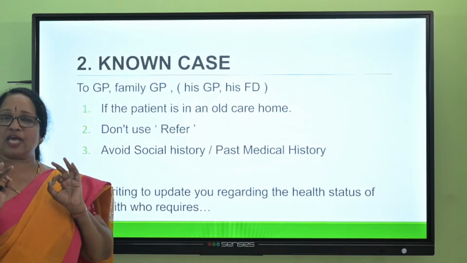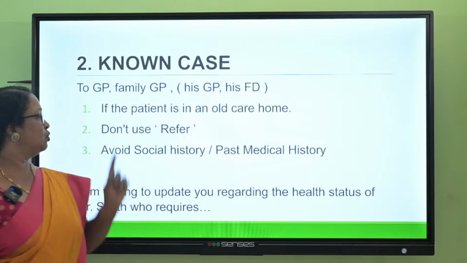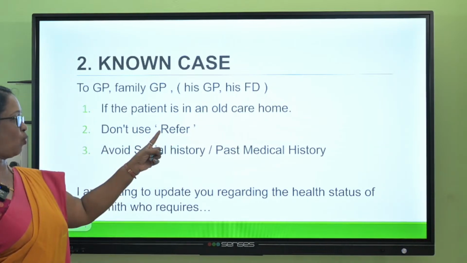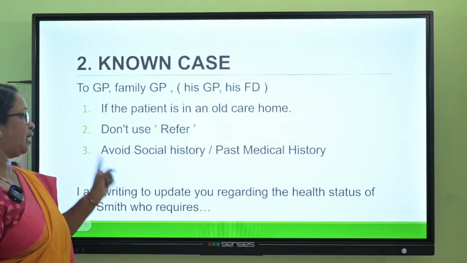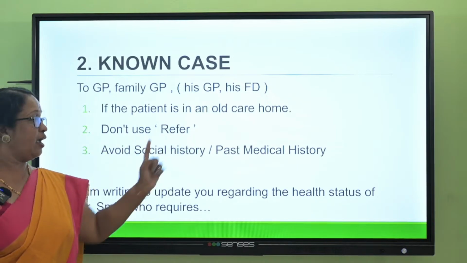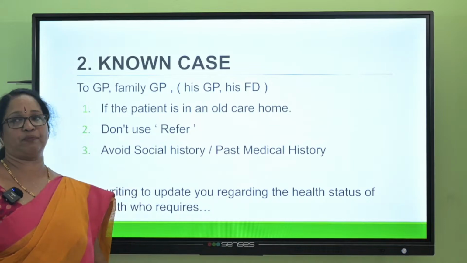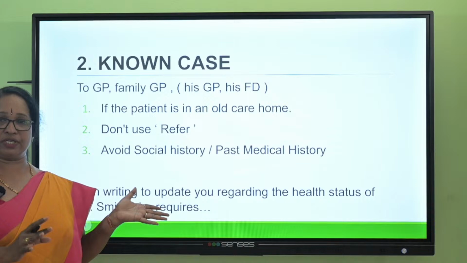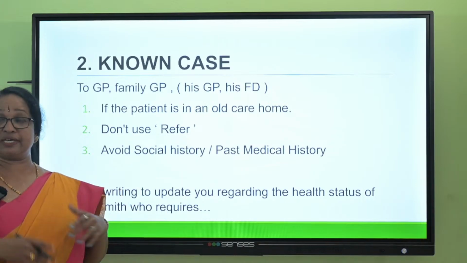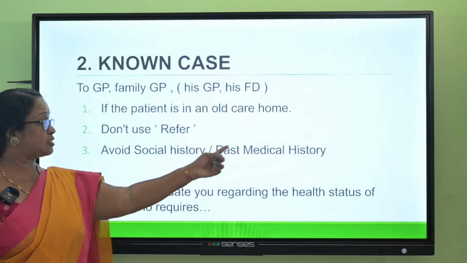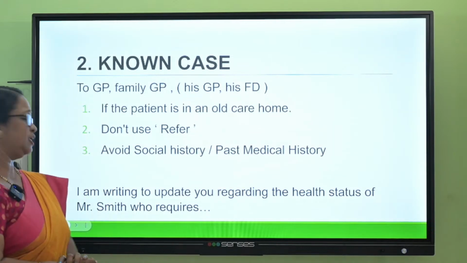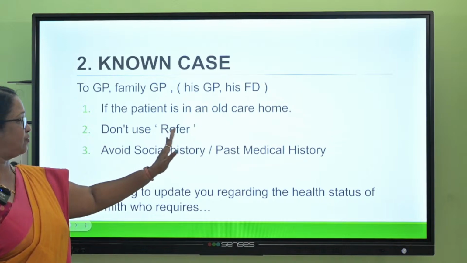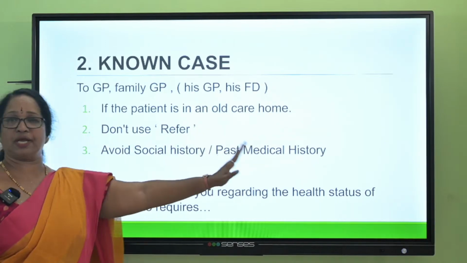In such letters, try to avoid "refer", and avoid the social history and past medical history of the patient, because they already know the social and family history as well as the past medical history. So it is not important to mention them.